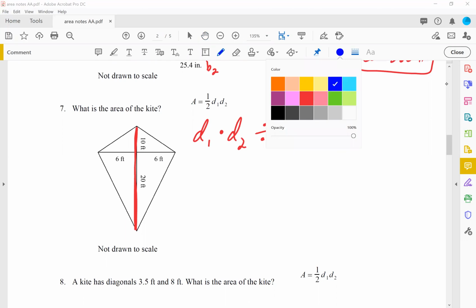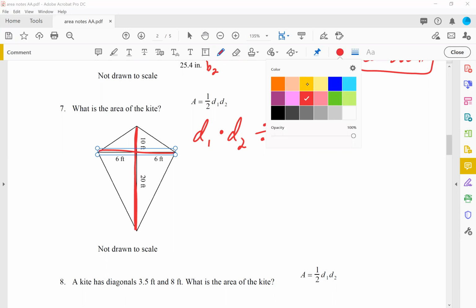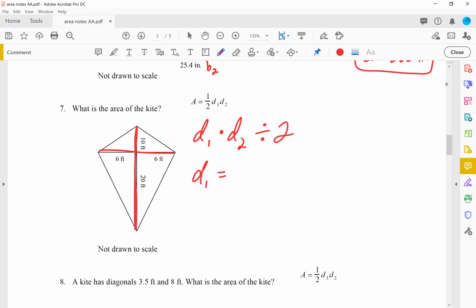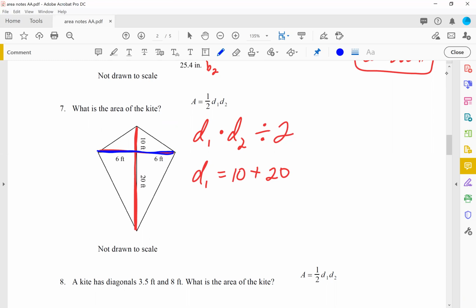So this is diagonal 2. So diagonal 1 would be these two pieces. You have to add them together. So it's the 10 plus the 20. That's diagonal 1.